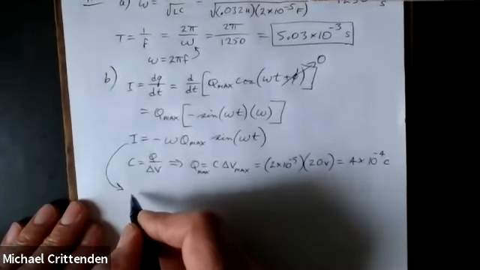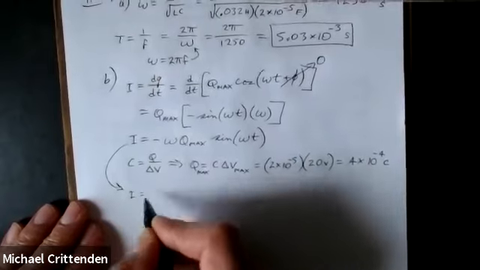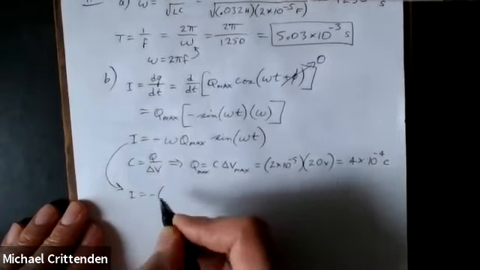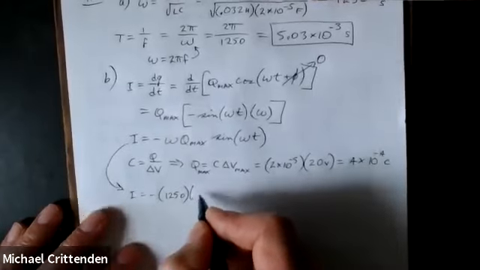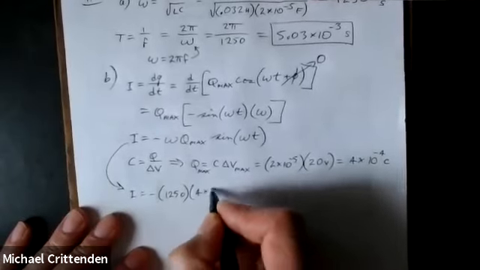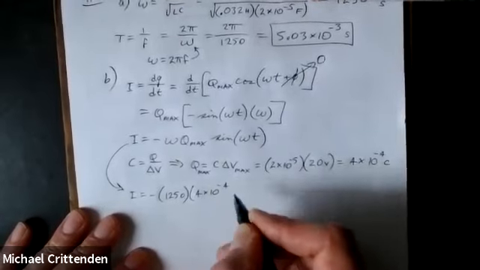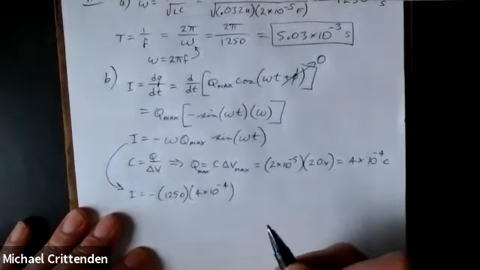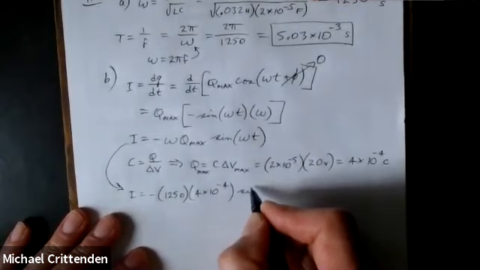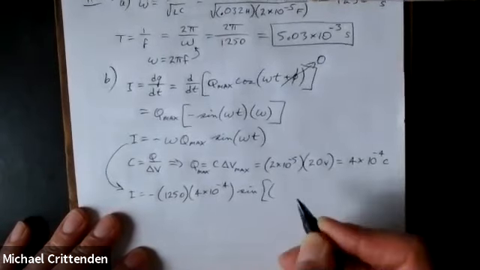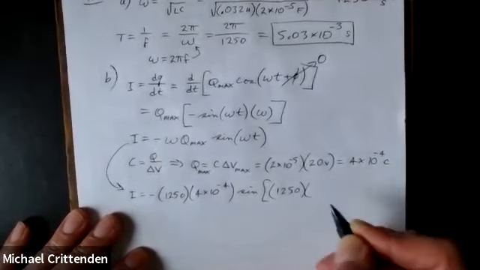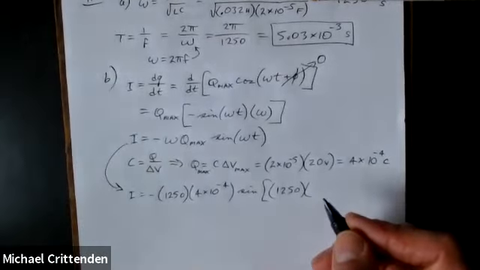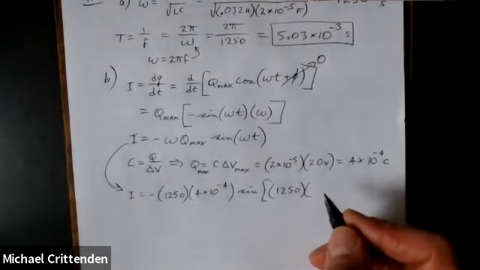So now filling everything in, 1250 for omega, 400 microcoulombs for Q max, omega 1250 again, and it asks what is the voltage at 7 milliseconds.